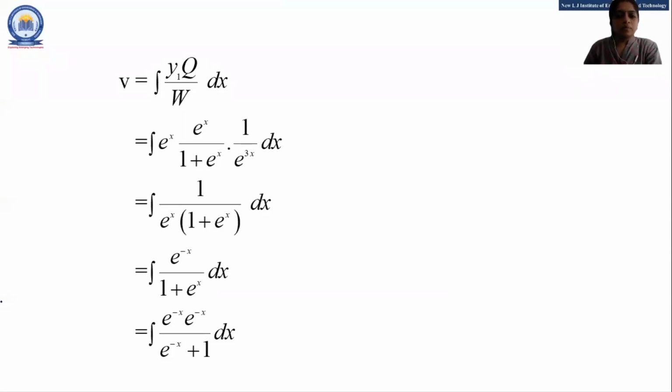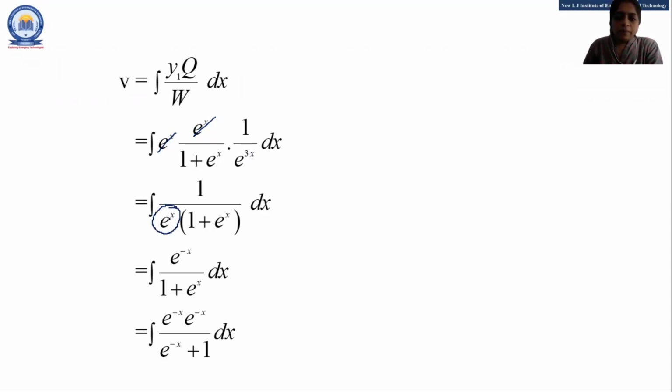So here v is the integration of y1 q upon the Wronskian. y1 is e raised to x, q is e raised to x upon 1 plus e raised to x, and the Wronskian is e raised to 3x in the denominator. So e raised to x and e raised to x give e raised to 2x, and this one is e raised to 3x, so one e raised to x is left in the denominator.